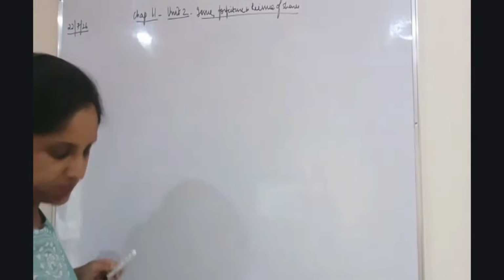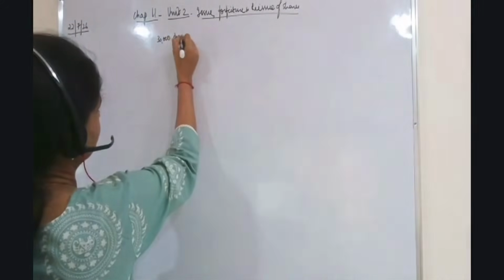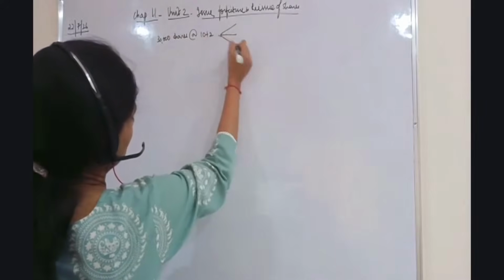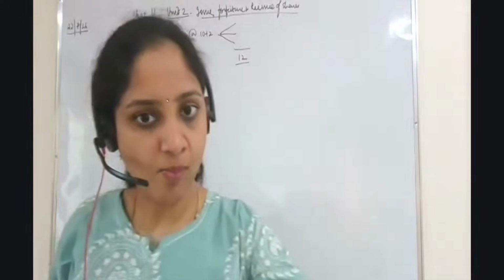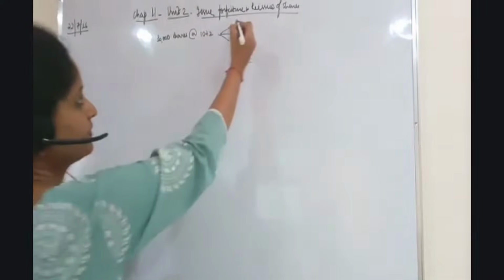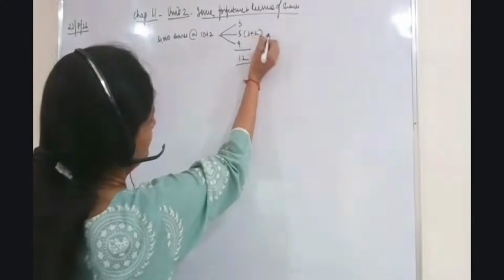It is 30,000 shares at 10 plus 2. Here it is taken with premium.